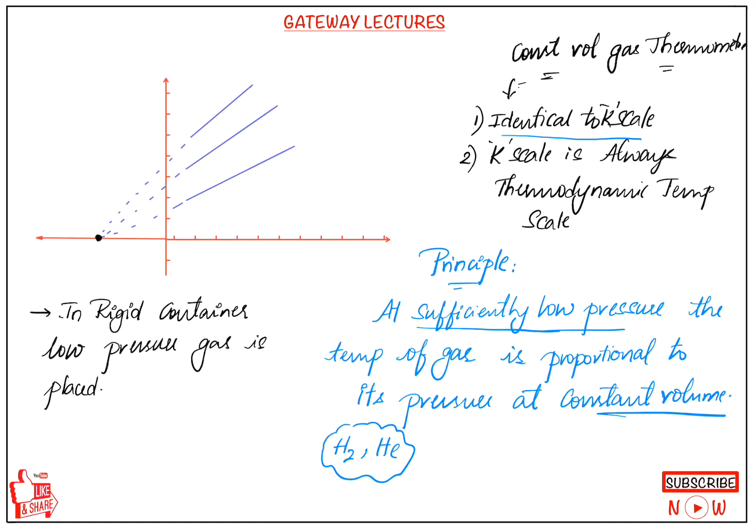Also a pressure gauge is attached to the rigid container, and whenever we place it in a medium, depending upon the temperature of the medium, the gas exerts some pressure. The temperature is proportional to pressure. Sorry, not directly proportional, it is proportional to pressure.